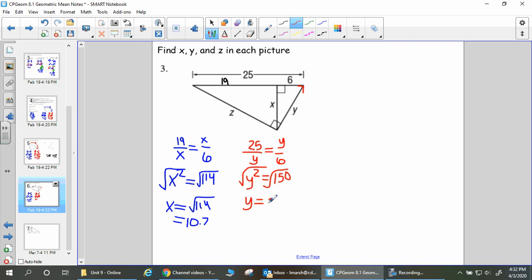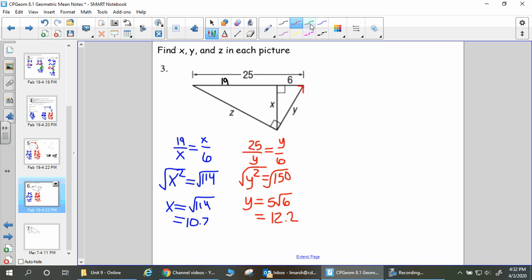You're going to end up with 5 root 6. And when I put the square root of 150 in for a decimal, I get 12.2. Oops, I said 12.2, not 12.6. There we go.